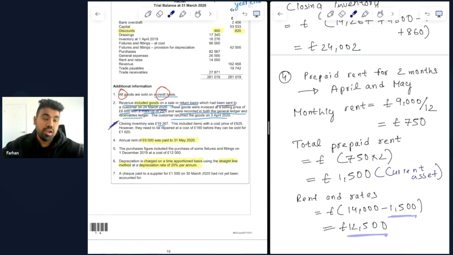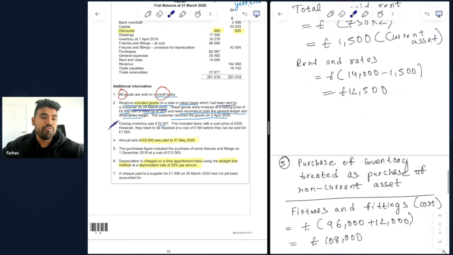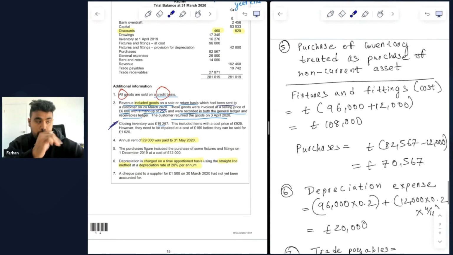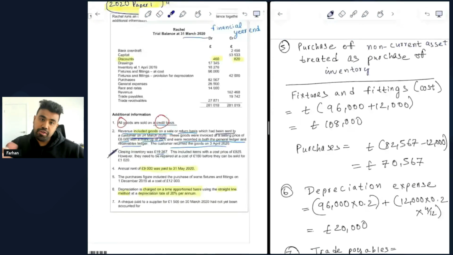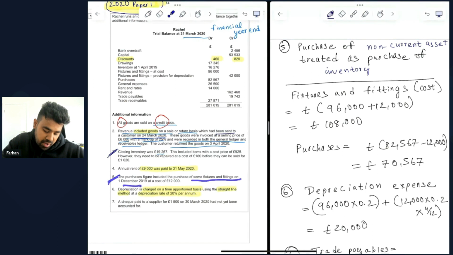Okay, let's move on to point number 5. So the purchases figure included the purchase of some fixtures and fittings on 1 December 2019 at a cost of £12,000. So let's look into additional information number 5. The purchases figure included the purchase of some fixtures and fittings on 1 December 2019 at a cost of £12,000.